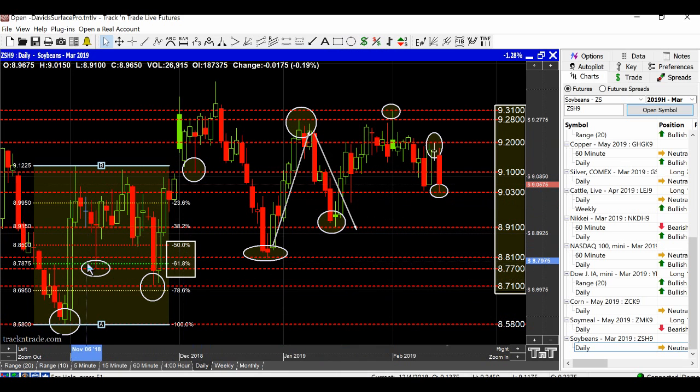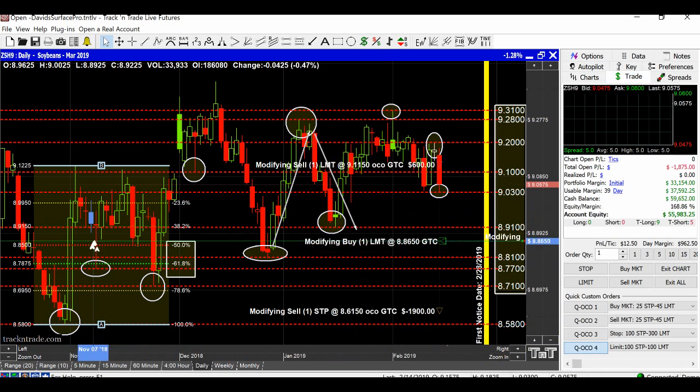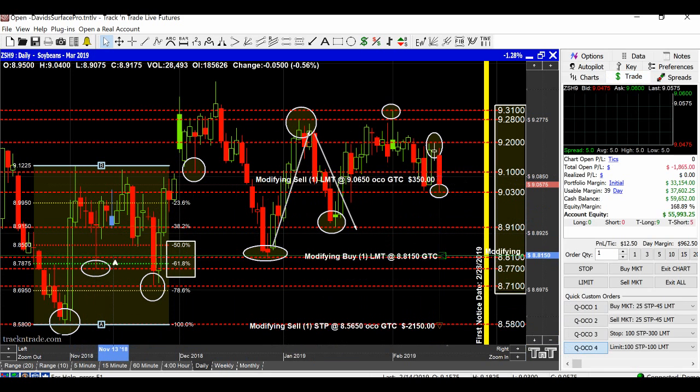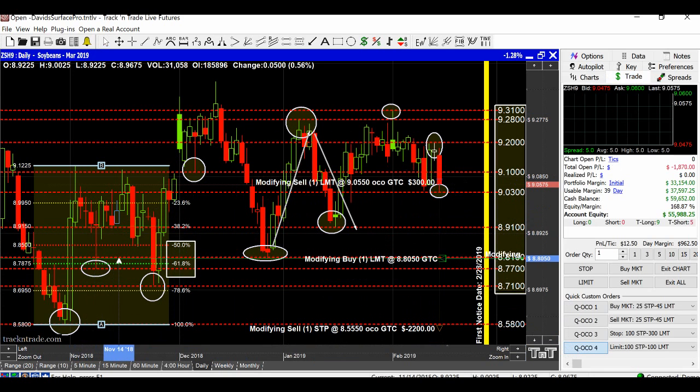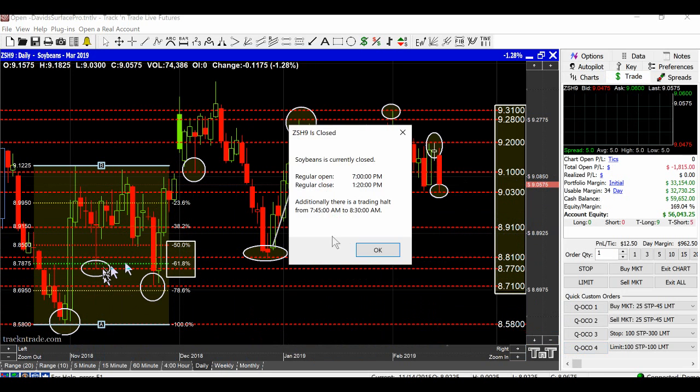So if I wanted to enter that trade, I could have put a limit order going over here to buy that market if the price came down to that 61.8% level, which is here.